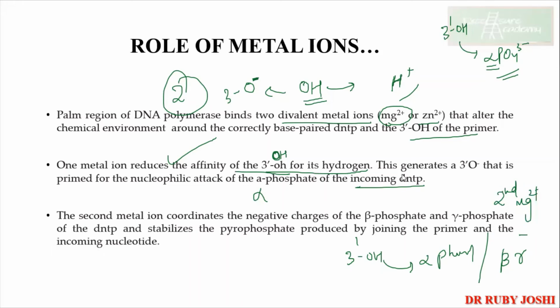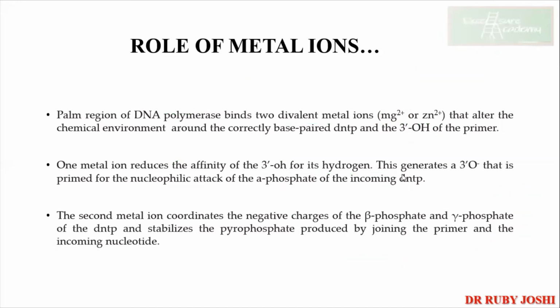Is the theory clear to you? Then it will be easier for you to understand the diagram. Is this much clear? I'll just summarize the slide. So you need two divalent metal ions, okay? That is Mg2 plus or zinc, which is helping in the phosphodiester bond formation by the DNA polymerase. Okay, so the first metal ion is reducing the affinity of the 3-OH.